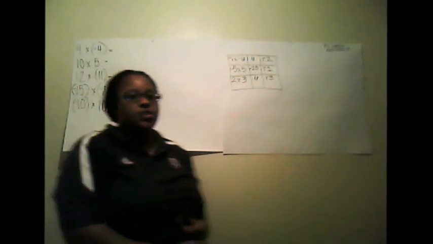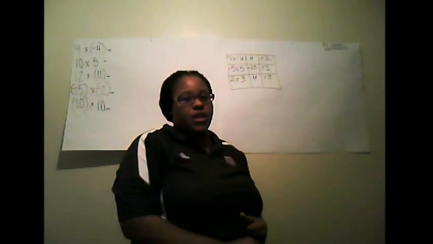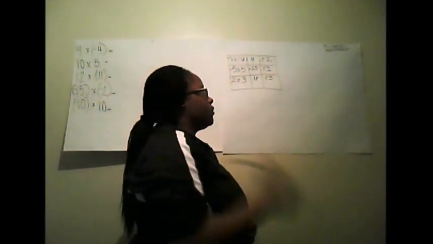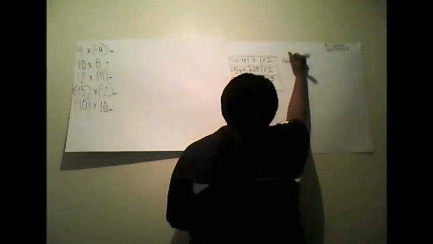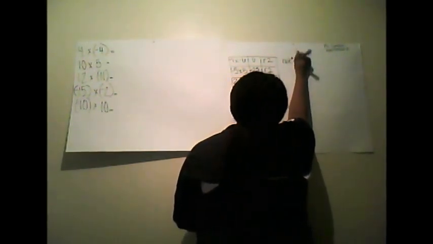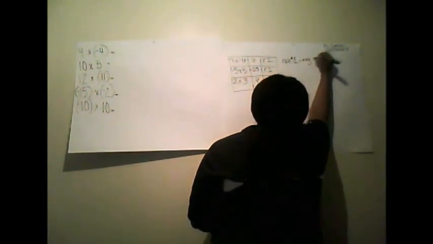Okay, so just to go back over, a quick review. Jasmine, in your own words, can you tell me the 3 rules for multiplying integers? Rule number 1 is a negative number times a positive number is a negative number.